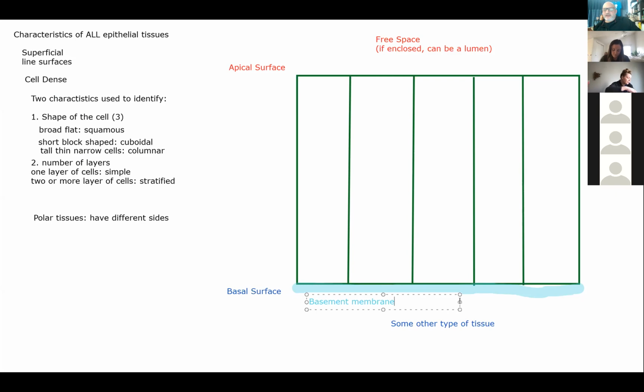Or, because our anatomists hate us, why give it one perfectly good name when we can give it two? It is also known as a basal lamina. Either of those two terms are 100% acceptable. So on the basal surface of all epithelial tissues, we have a basement membrane that holds it to whatever is underneath it.